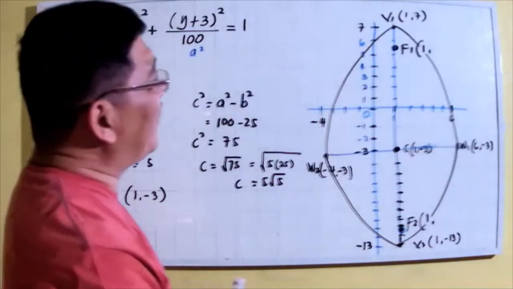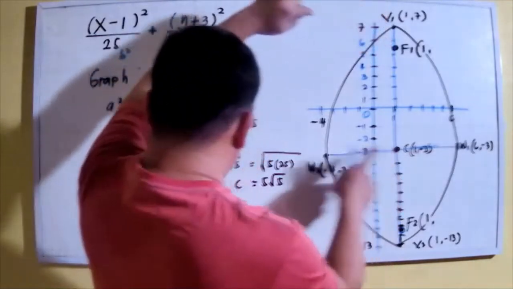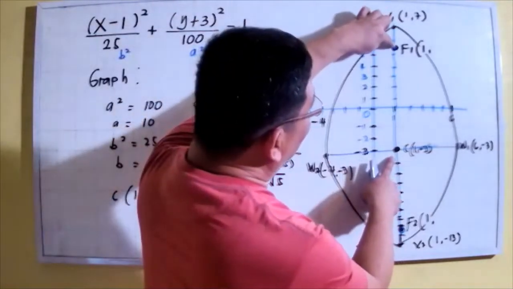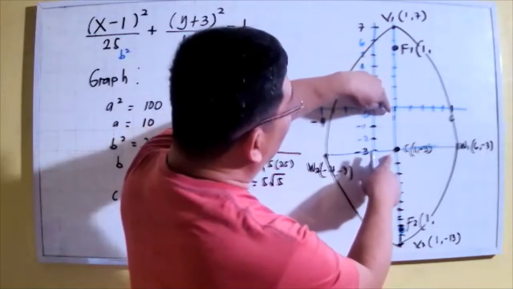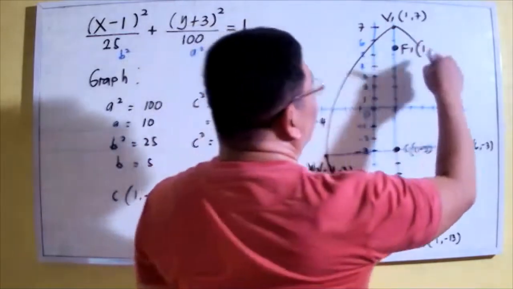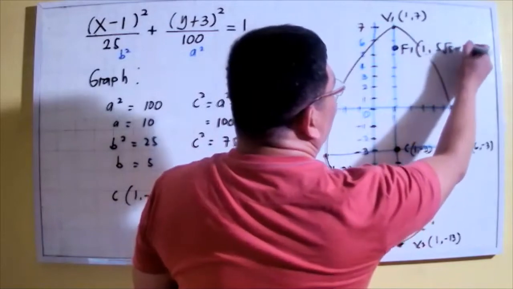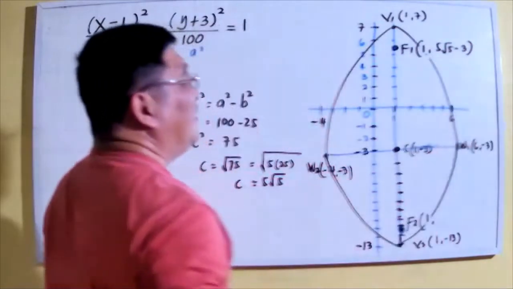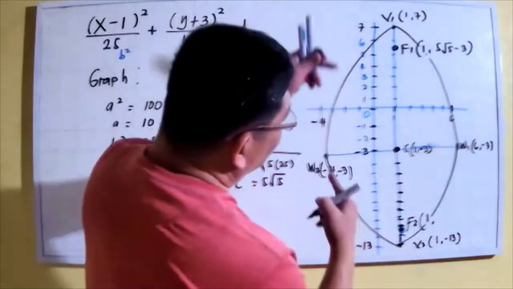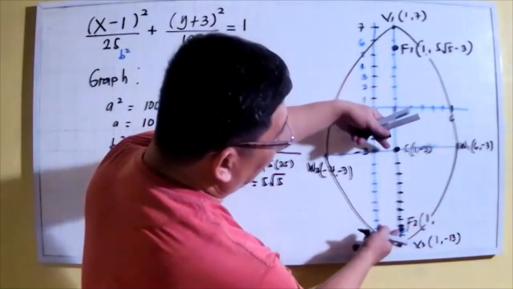So, let's analyze. If this is 5 square root of 5, and then we subtract 3, you have this distance coming from the origin. So, meaning we have the y coordinate here as 5 square root of 5 minus 3. So that's exactly the coordinates of F1. How about this one? This distance is 3 plus 5 square root of 5.